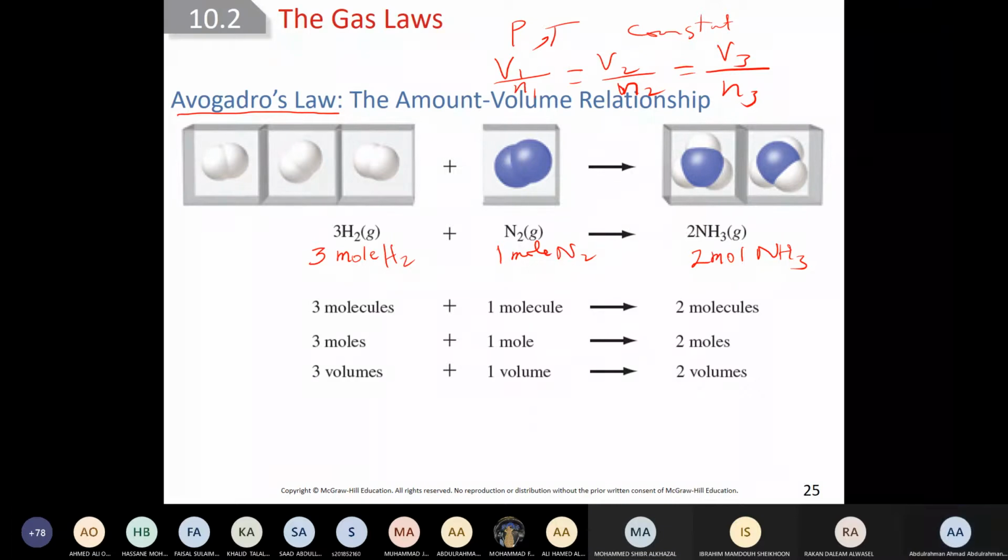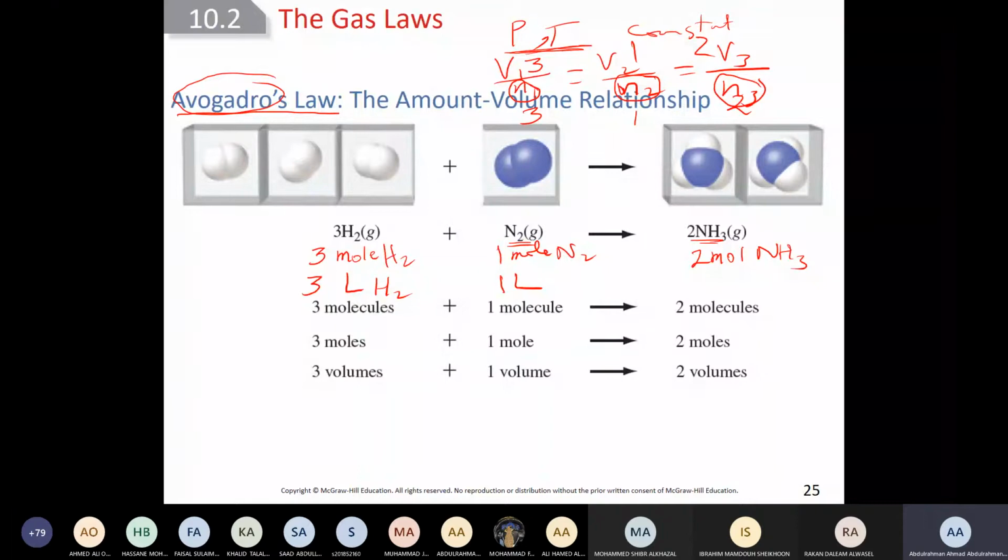So if I have 3 liters of hydrogen, then how many liters do I have of nitrogen? 1 liter, because here N is 3, and N here is 1, and N3 here is 2. So this must be 3 to 1 to 2.